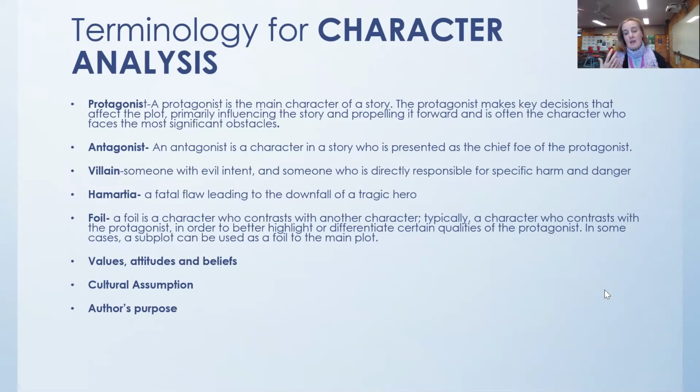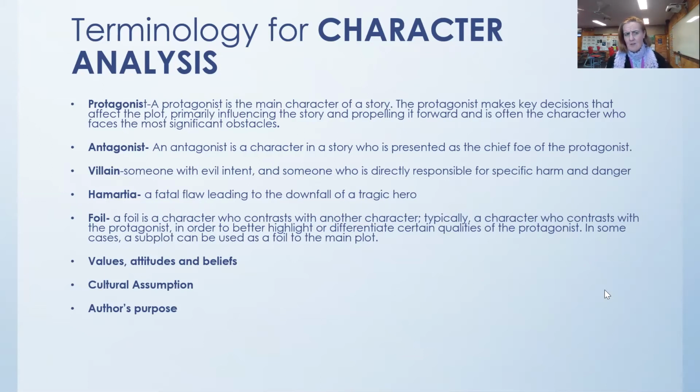And so the protagonist has to work to get past the interference of the antagonist in order to fulfill their own story. Now, the reason I'm drawing your attention to that, because I've also included then underneath it the idea of a villain. So this is someone with evil intent or immoral intent or selfish intent, who is directly responsible for tragic harm and danger.